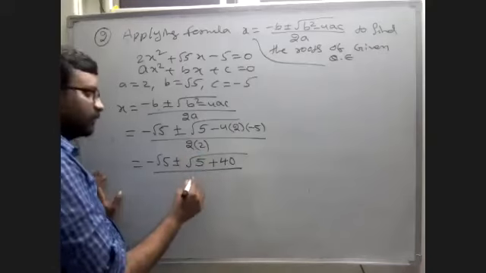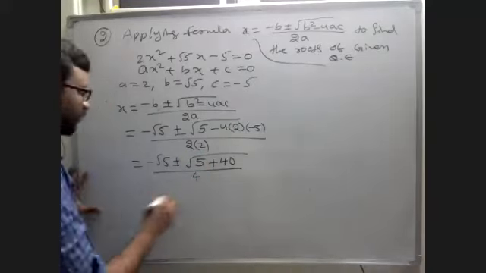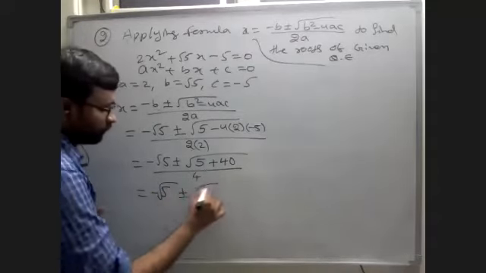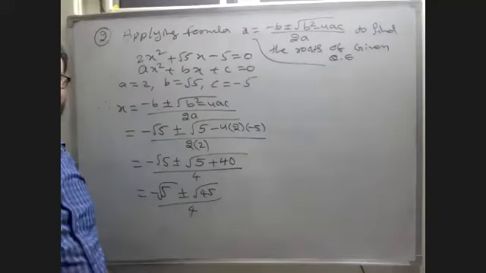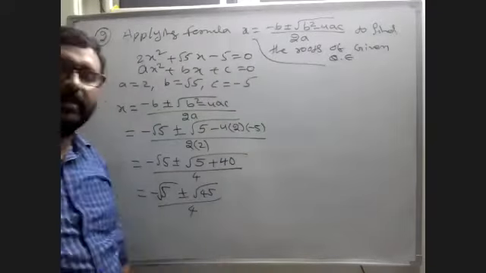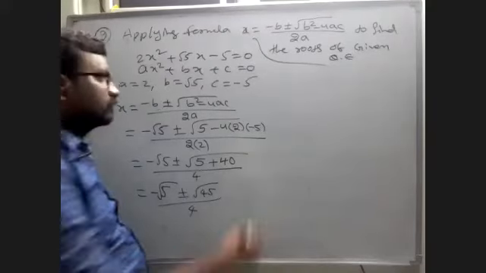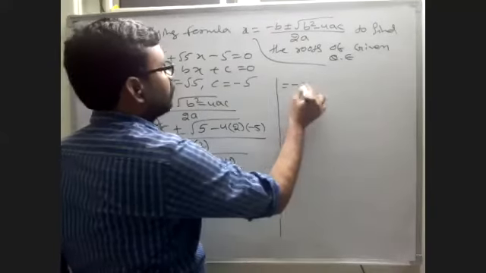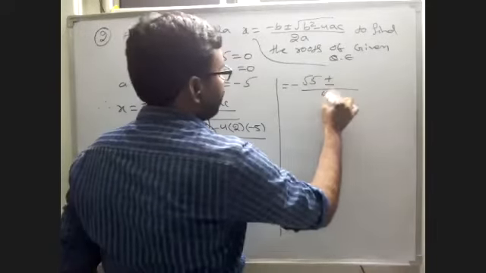By 4, sir. 40 plus 5, 45, sir. By 4, sir. 45, how can we write? Root over 45 is there, right? Yes, sir. Plus or minus root over 45.